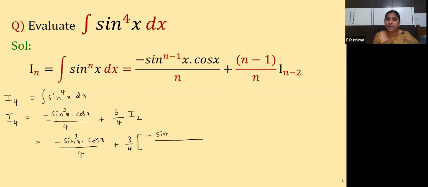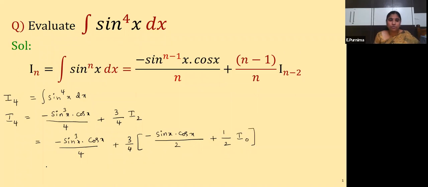So no need to write that 1 as a power; simply we can write it as sin x into cos x, by n, which is 2, plus n minus 1, that is 2 minus 1 is 1, by 2 into I 2 minus 2. 2 minus 2 is nothing but I naught.